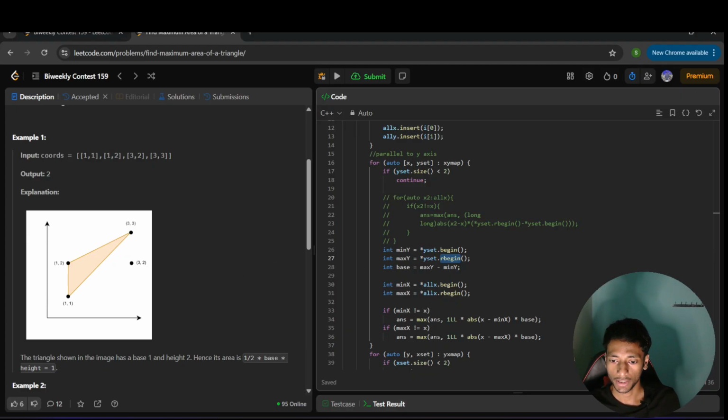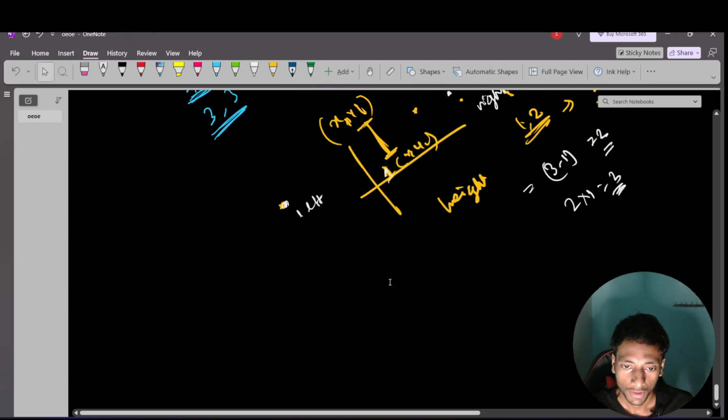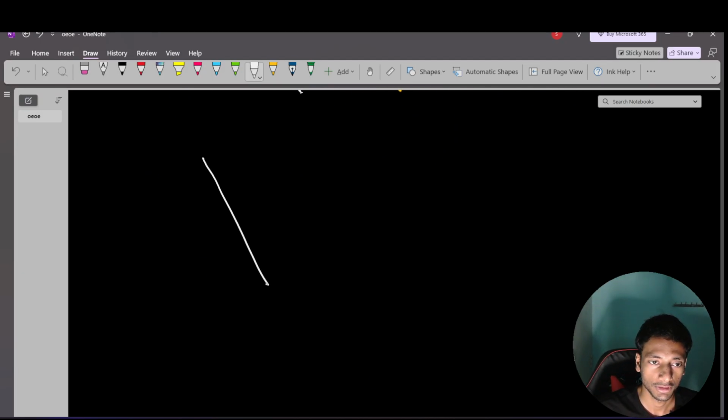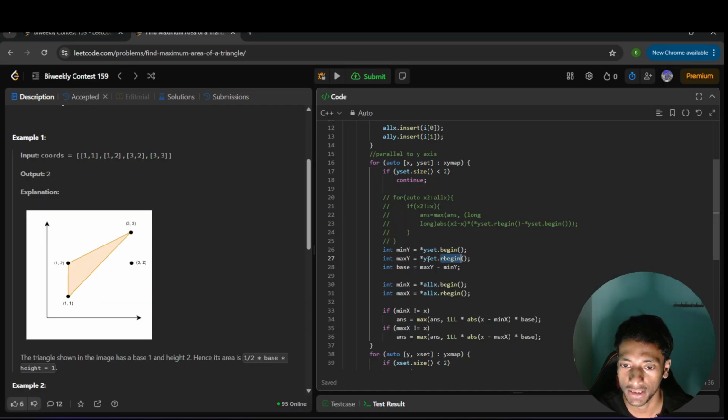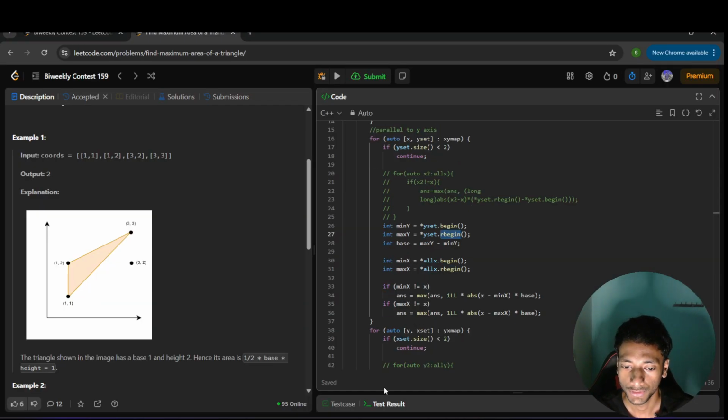Got it? So now I have these two things. For this baseline, I know this is the max y, and this is the min y. I found this from this y set. Now this is your base length. Base will be max y minus min y.